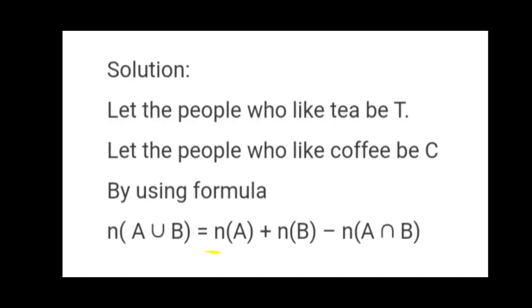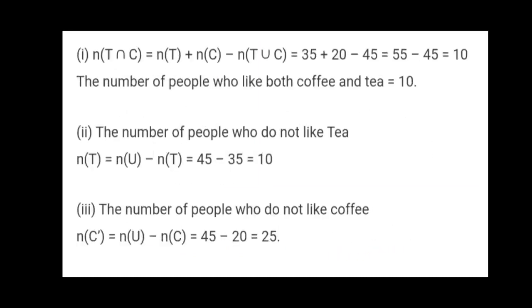So n of T union C equals n of T plus n of C minus n of T intersection C. So from the given we could write, set T refers to those who like tea, C those who like coffee, and just apply in the formula to get the intersection.